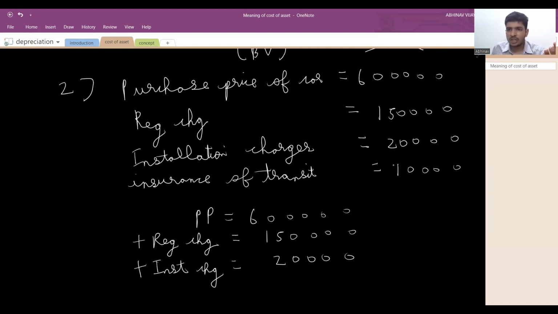Correct, you don't have to pay installation charges for a car, but this is for concept. Imagine any other asset for this case, imagine an air conditioner. When you pay installation charges, the main question I get is, you bring it home, it's brought to the place of use, and only then installation charges are paid.